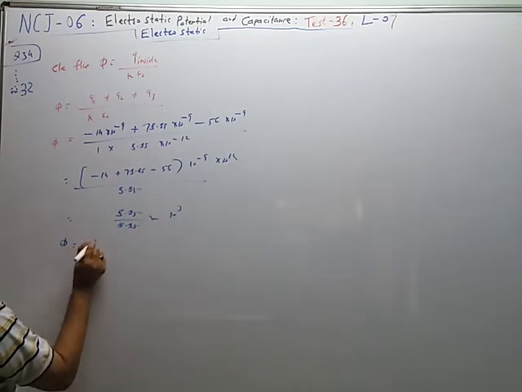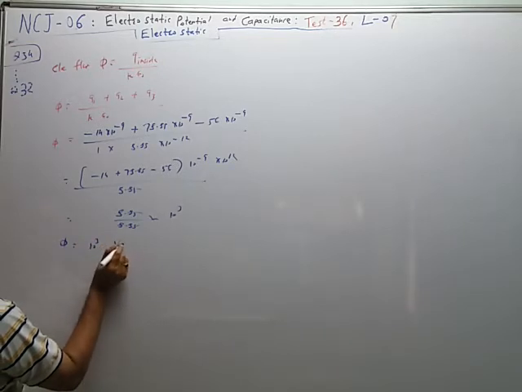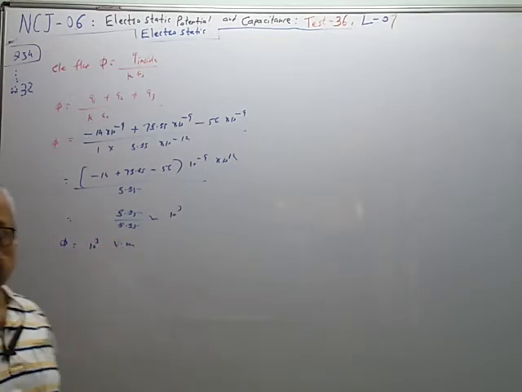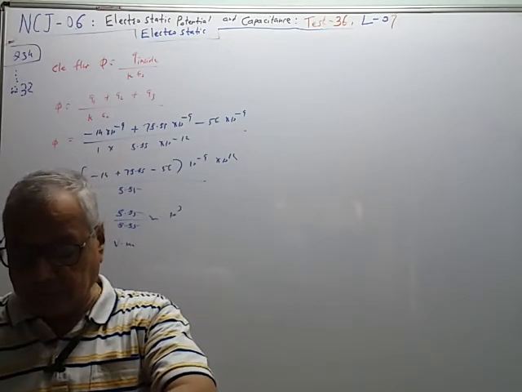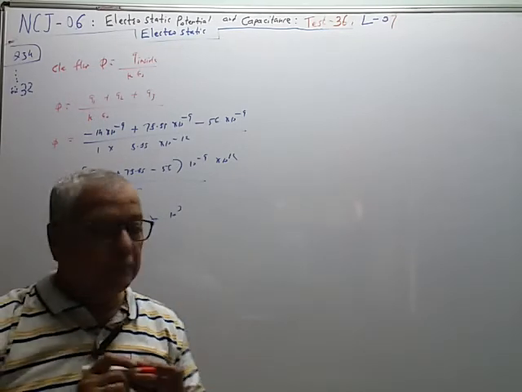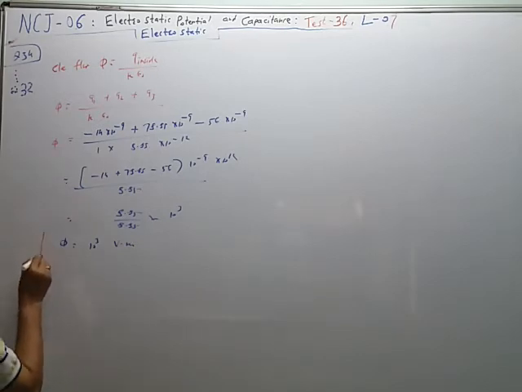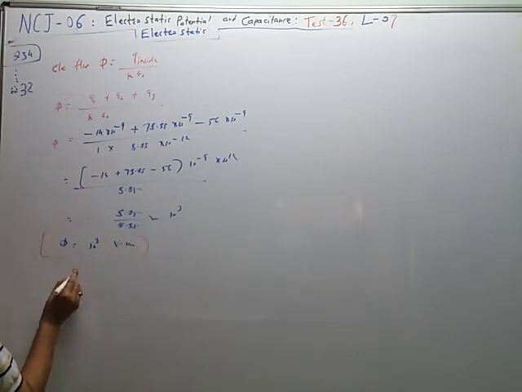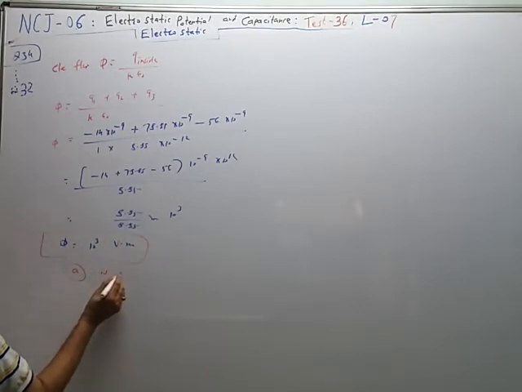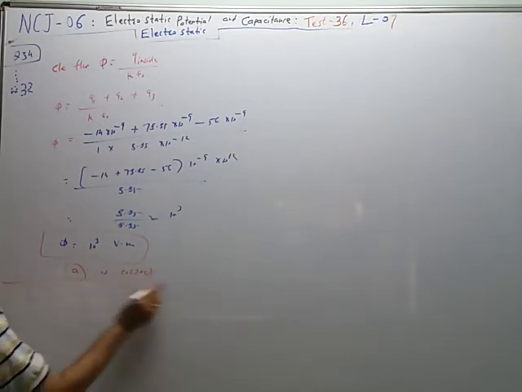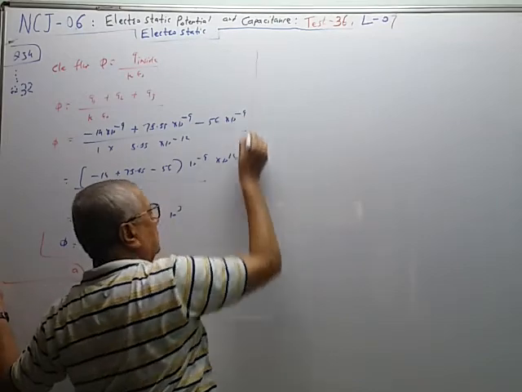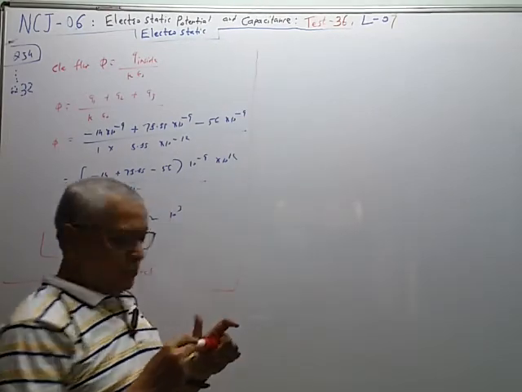So phi is equal to 10 into 3 volt meter. So the correct choice is A. A is correct.